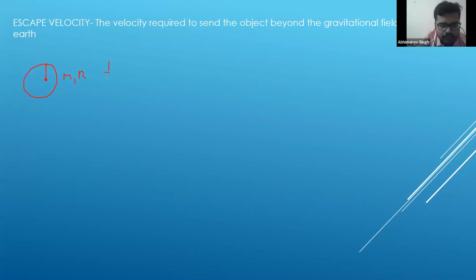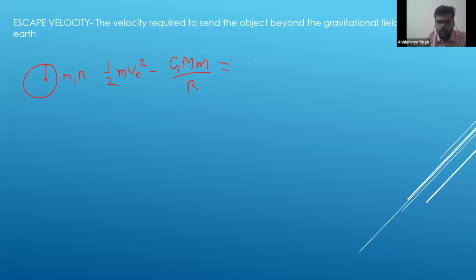Initially we have half m v square, where v is the escape velocity, and the potential energy, minus G times mass of Earth times mass of object, divided by radius of Earth.